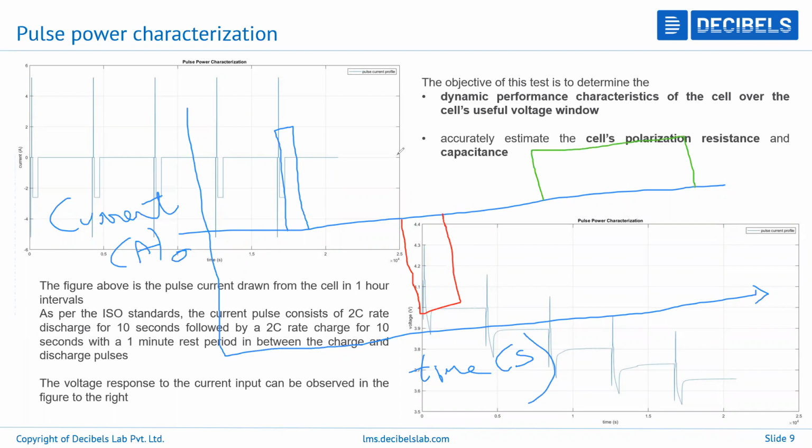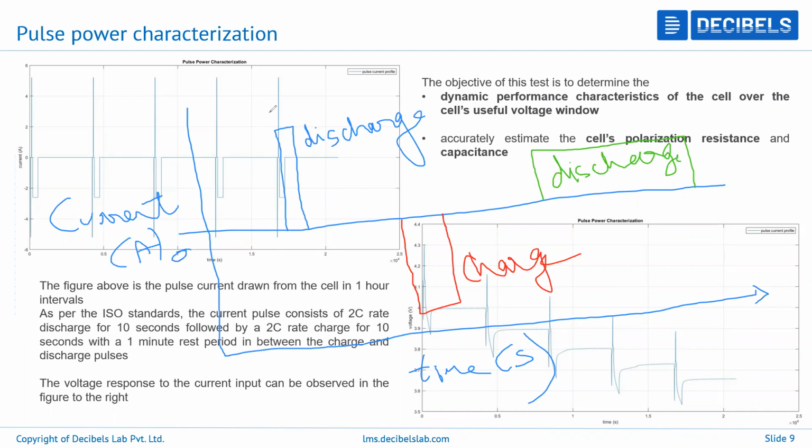So there are three such pulses that will be supplied to the cell. I will now write down what each one implies. This is a discharge pulse. This is a charge pulse. And this is yet again another discharge pulse. Let's see one by one what each one means.